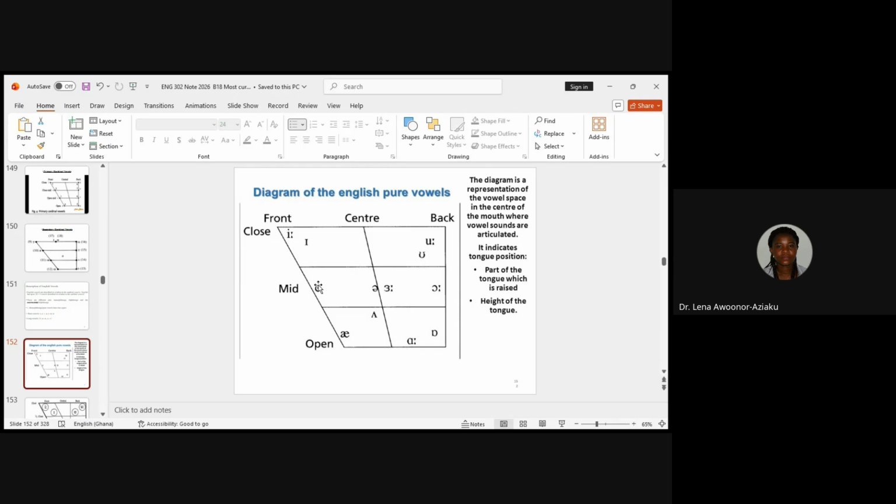Americans will lower it. Americans lower this vowel to this position. And so if you are transcribing, since we are to teach you RP, you have to use cardinal vowel 3. So this is eh, not eh.